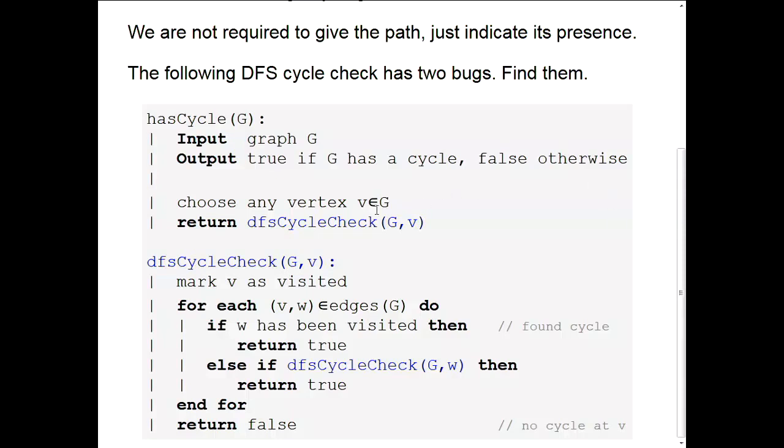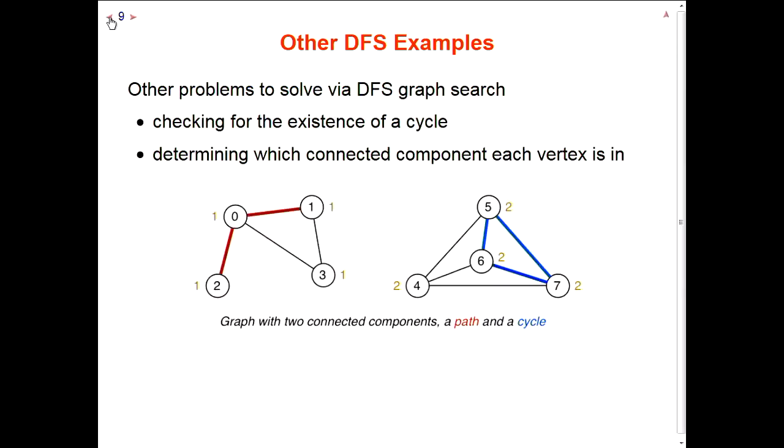We choose any vertex whatsoever, and if that vertex belongs to a component that doesn't have a cycle, suppose we don't have that. I mean, this has a cycle as well, this triangle, but suppose there was no edge between 0 and 3. Then we would, by depth-first search, only consider all the vertices that we have here. And we would say, no, there's no cycle here.